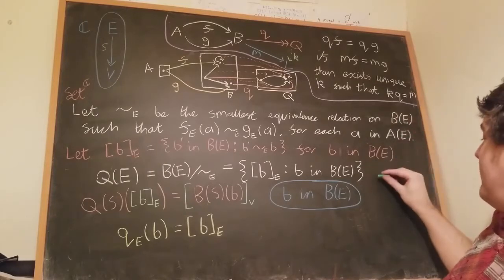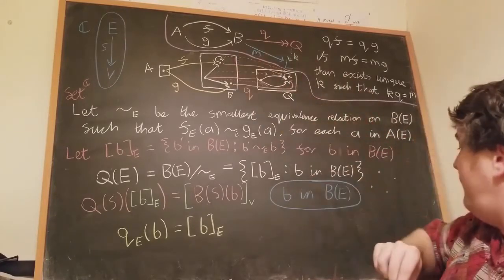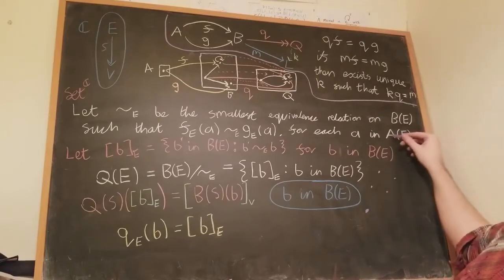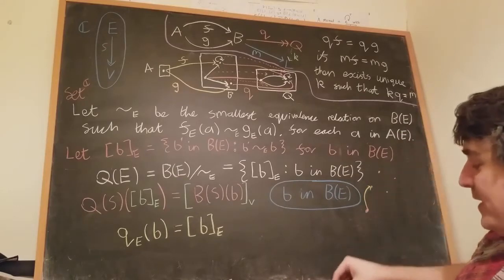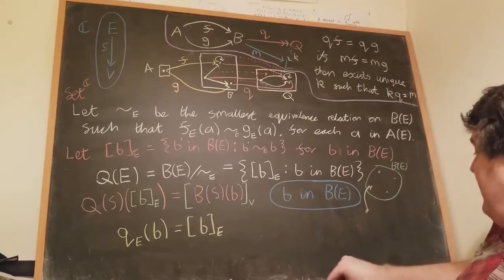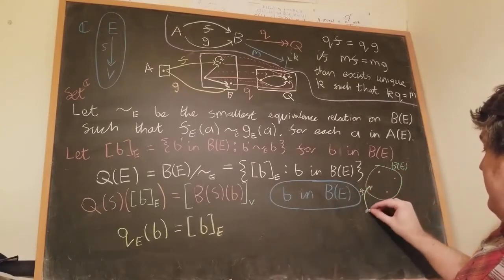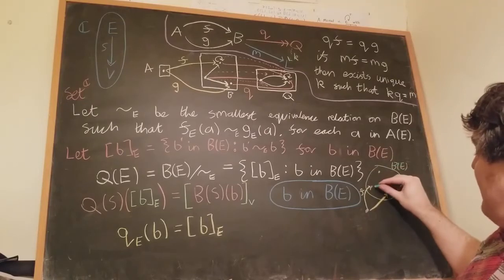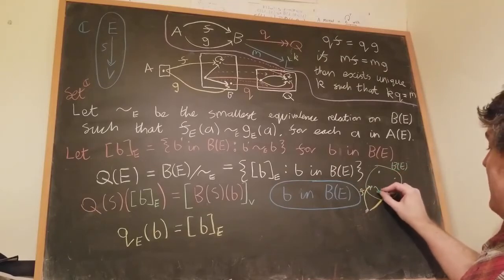And then whenever you have something in A, like let's say an element of A of E, and let's say that F sends it to one of these elements in B of E. Okay, so this is B of E. Okay, so whenever F sends an element of A of E to something in B of E, and G sends that element somewhere, what we think of doing is putting a squiggle between those two elements of B of E. So squiggle E, okay?